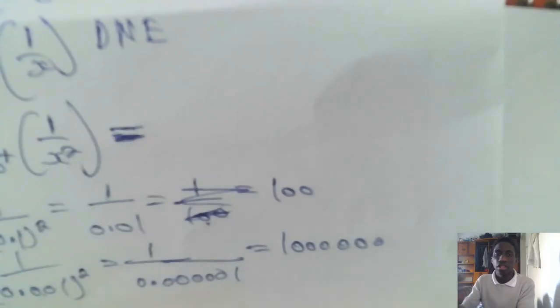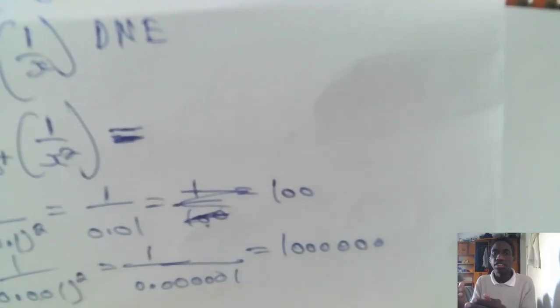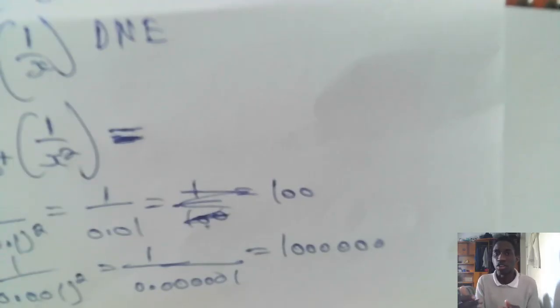What you'll get from here is a million. Now, we see that the values of f of x have spiked up. We've gotten an increase in the value of f of x. So these are increasing rapidly as we approach 0.